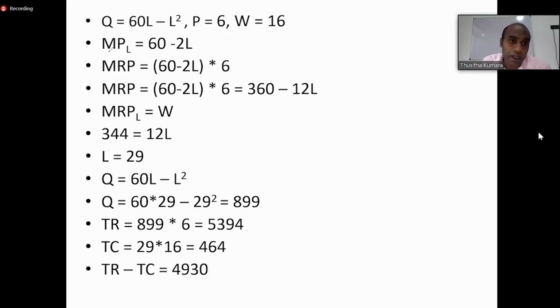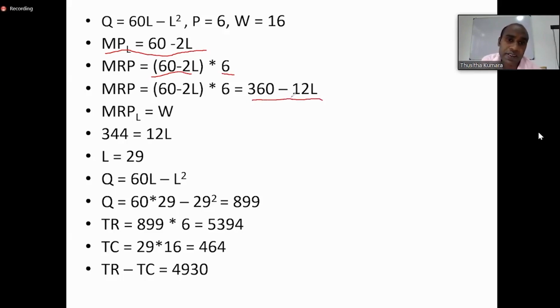So MPL will be 60 minus 2L. Then we need MRPL. How do we get the MRPL? That is MPL multiplied by the price of the output. If you multiply, you will get 360 minus 12L.